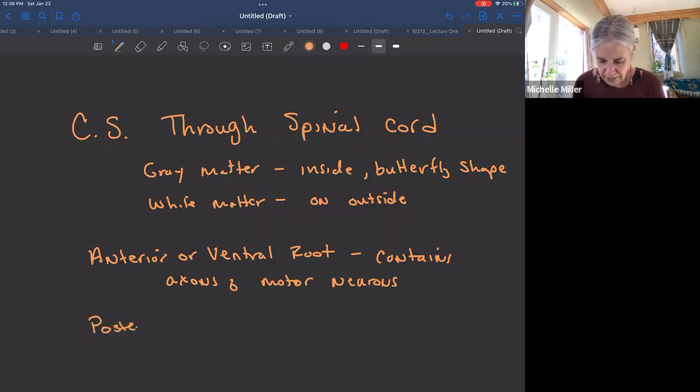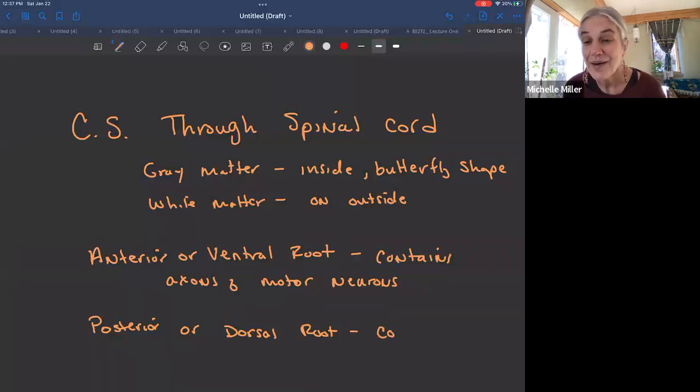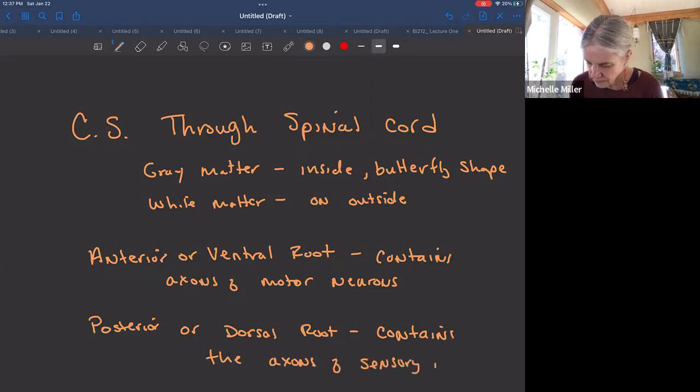The posterior or dorsal root contains the axons of sensory neurons. So sensory information comes into your spinal cord via the dorsal root, and motor information goes out of your spinal cord via the ventral root.